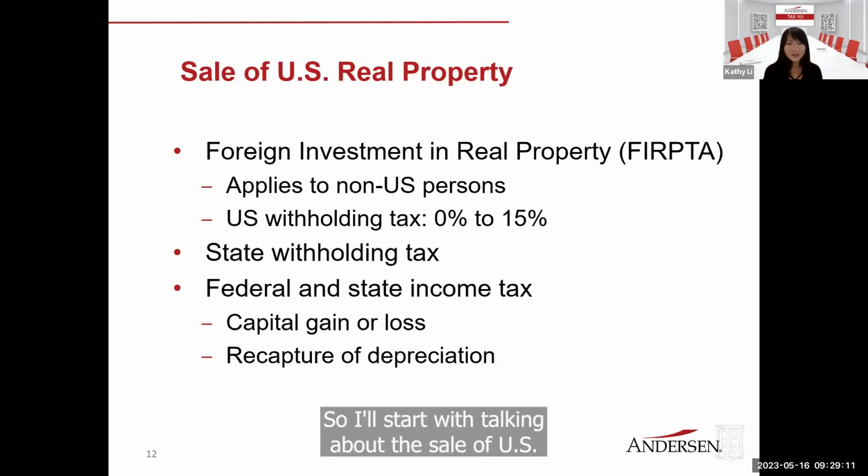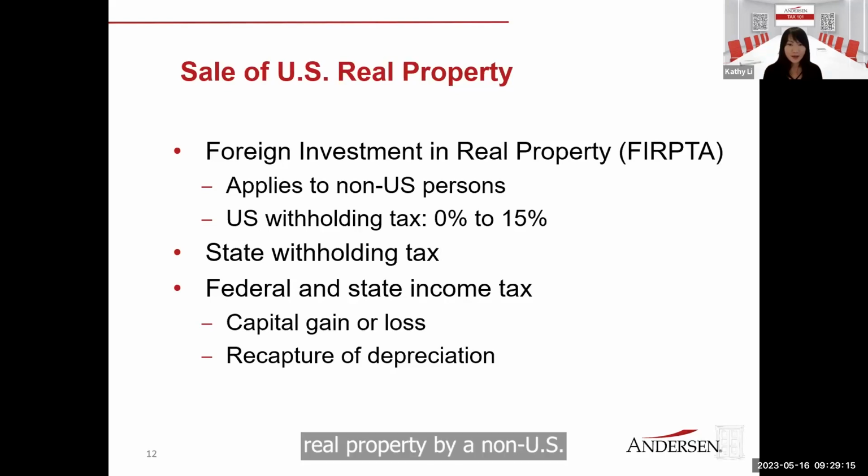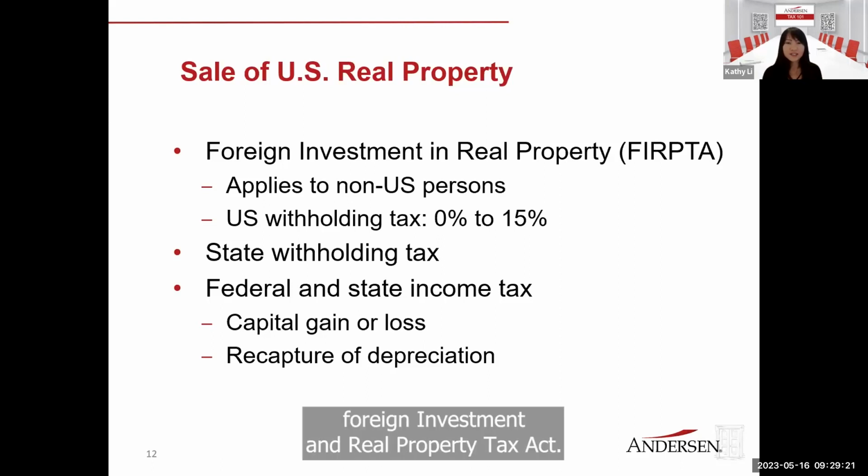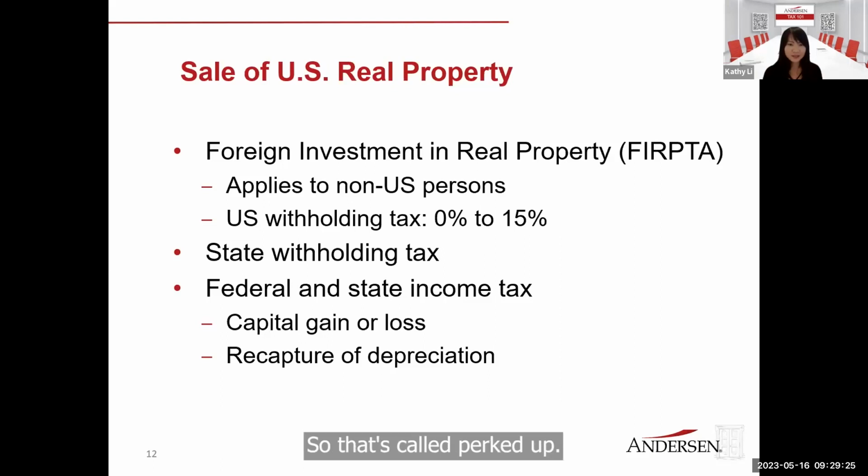I'll start with talking about the sale of US real property by a non-US person. There is a law called the Foreign Investment in Real Property Tax Act, called FIRPTA, and it applies to non-US persons when they sell US real property.